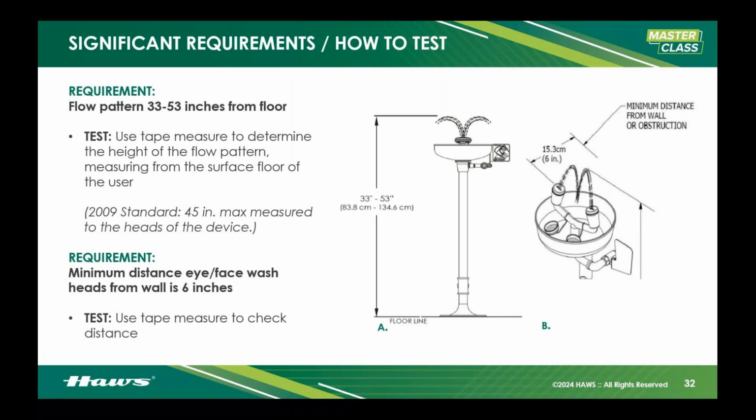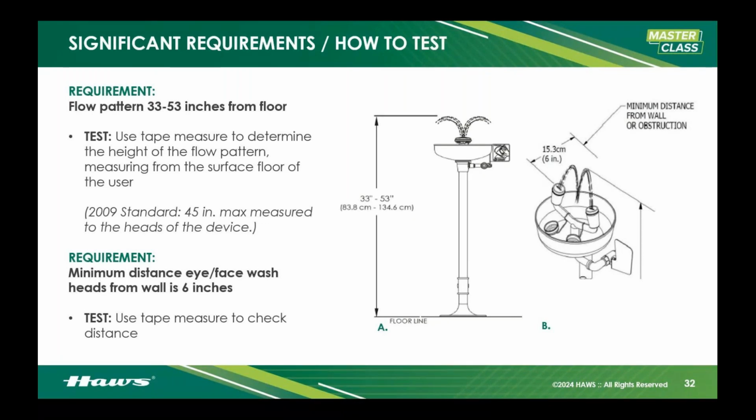That's ensuring that the top of the flow pattern isn't so high that the shorter amongst us can't reach the water to place their face into it and utilize it, or so low that it's incredibly difficult to use.